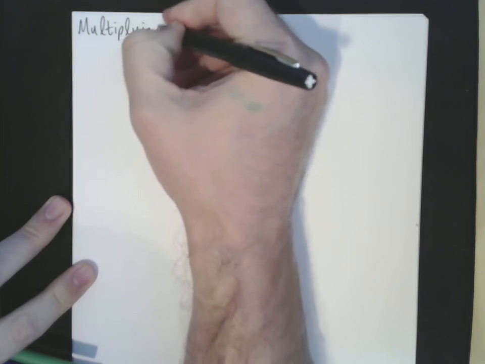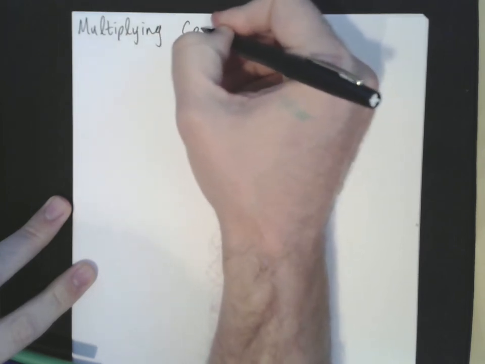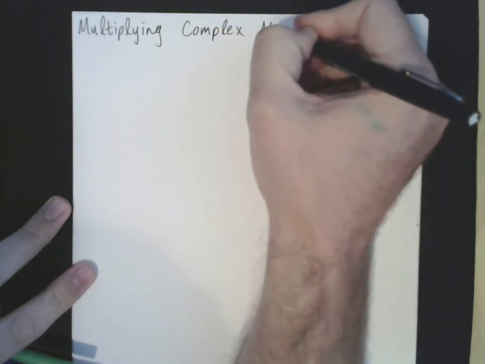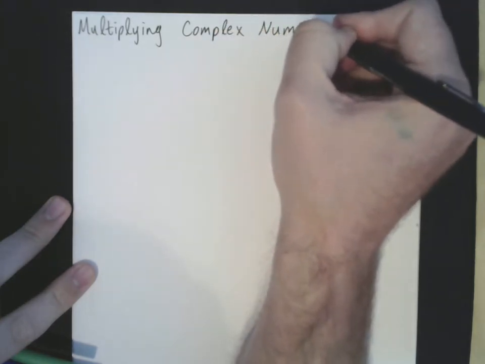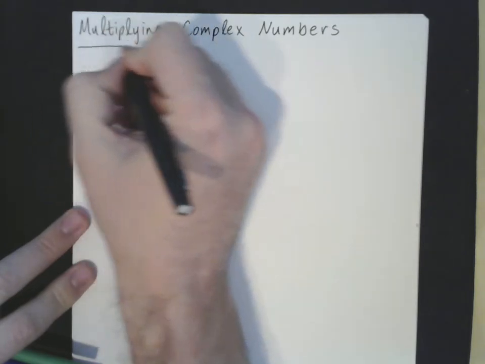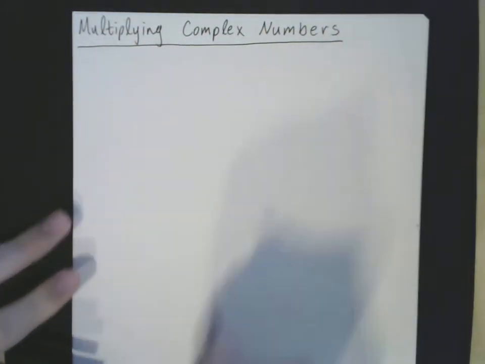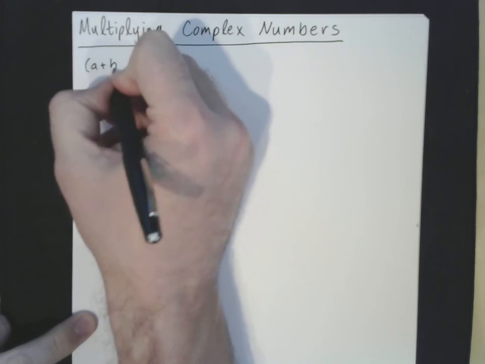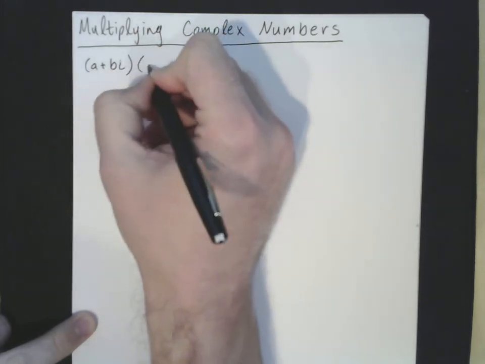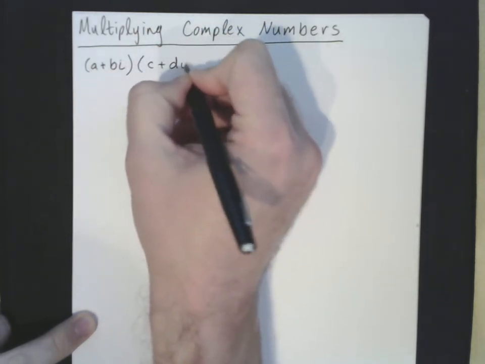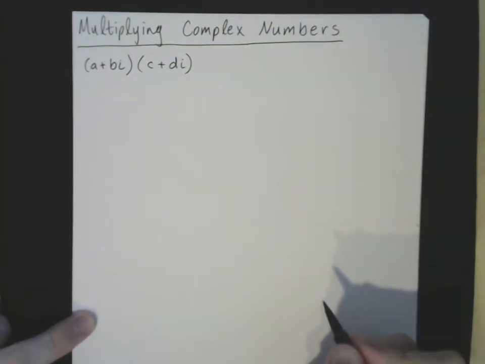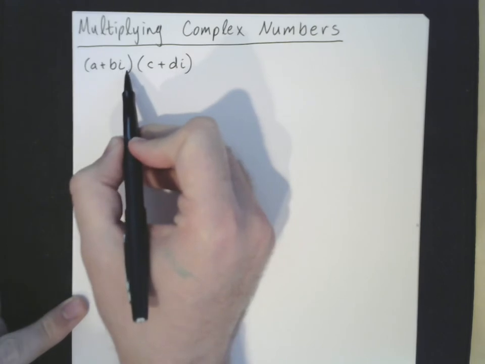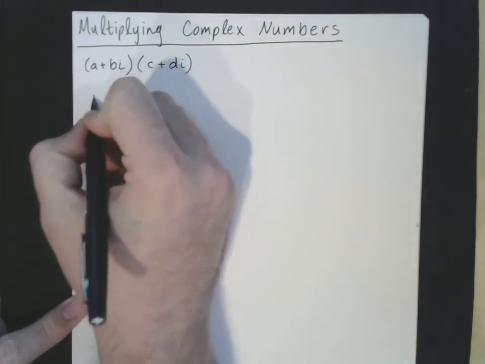Multiplying complex numbers. So if we have a plus bi times c plus di, the way we multiply is we treat i like it's a variable, which means we need to FOIL.